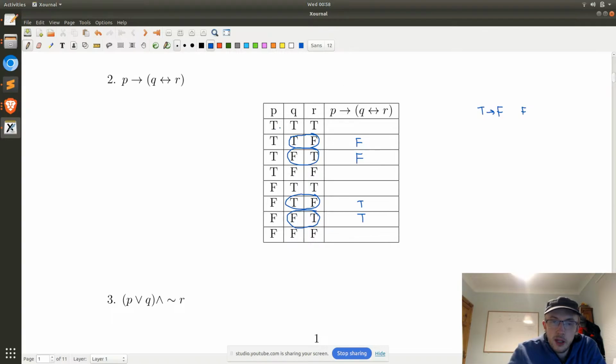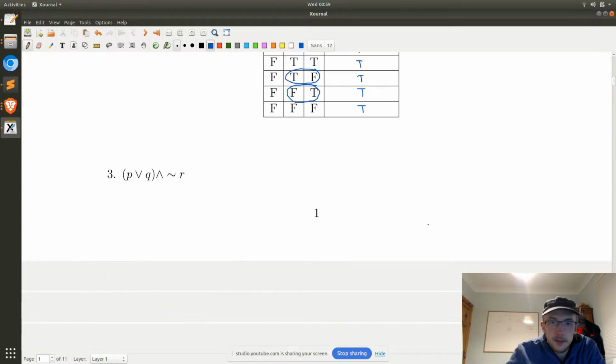And then for the other ones, it's true implies true, true implies true, false implies true, which is true, and then false implies true, which is true. So T, F, F, and the rest T. Correct. Good.